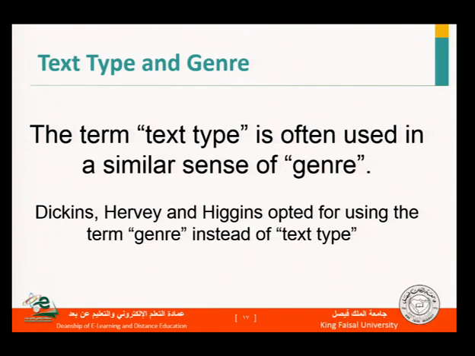Okay. Genre and text type، هذا بالنسبة لديكنز والآخرين. ديكنز ورفاقه بيعتبروا أنه text type هو genre، والجنرا يعني اللي هو النمط أو نوع النص أو جنس النص، يحتمل تقريبا نفس المعنى.